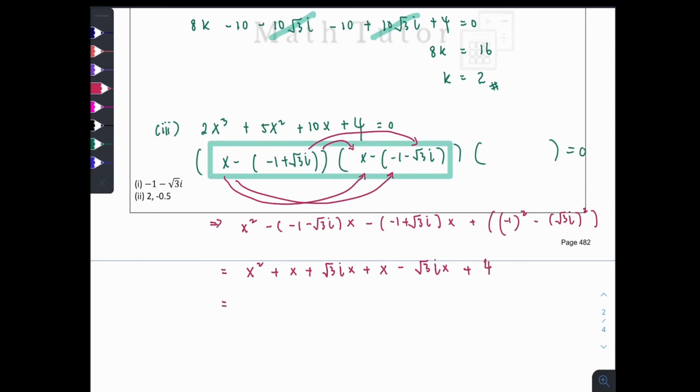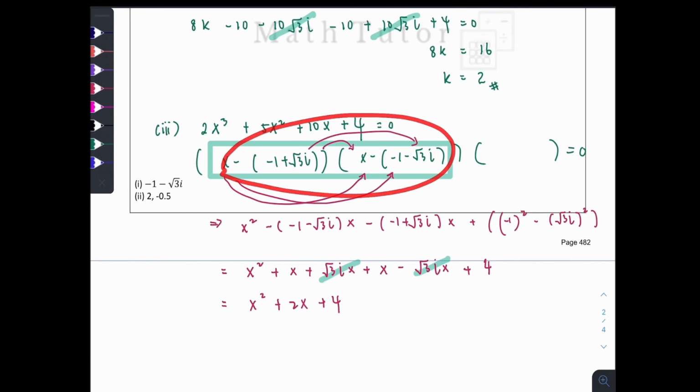It will eventually become x squared plus 2x, and these 2 terms will be cancelled off, and plus 4. That's how we simplify this conjugate pair factor.